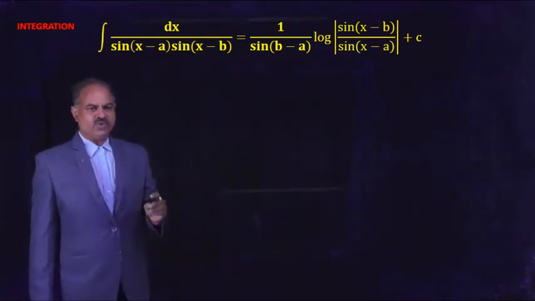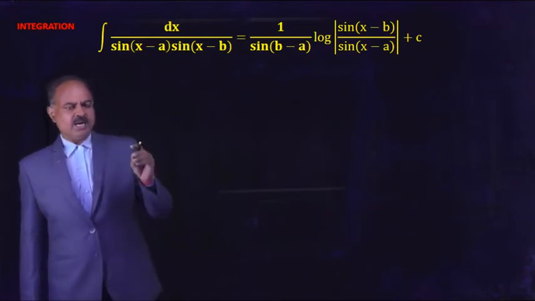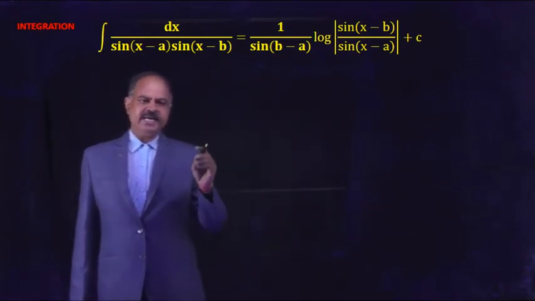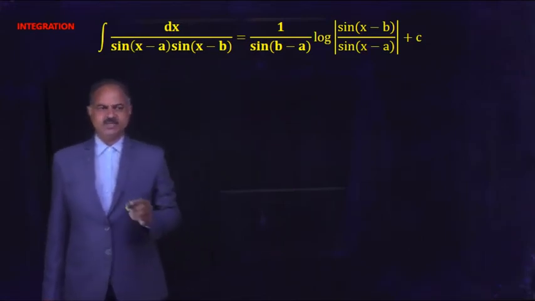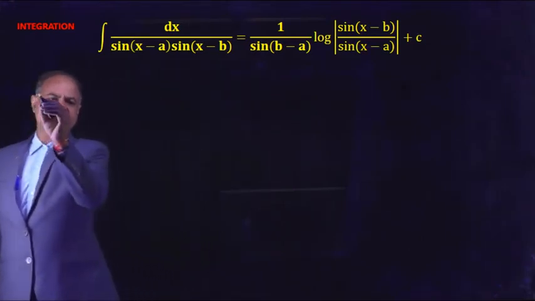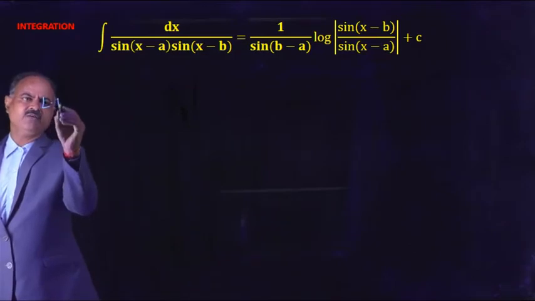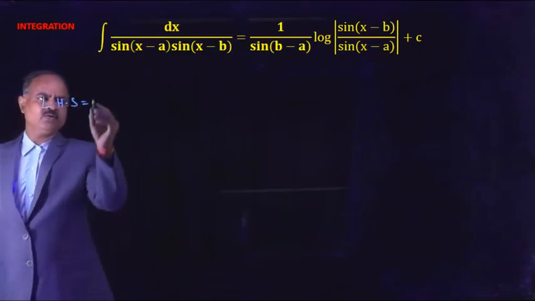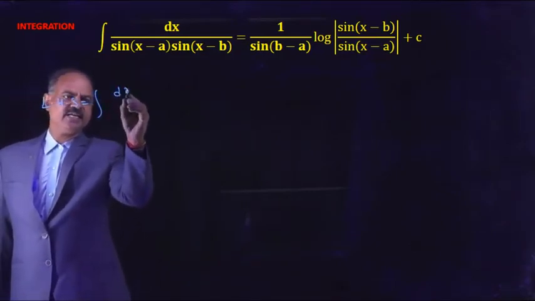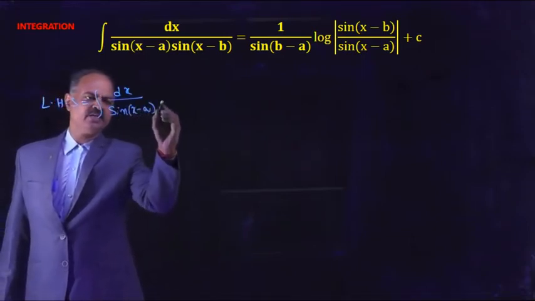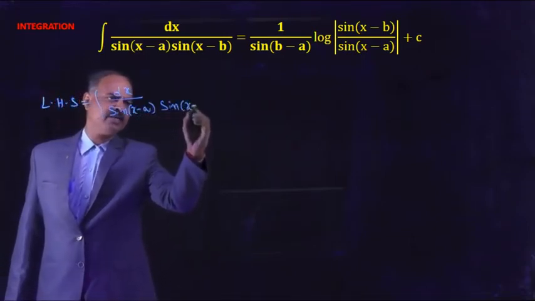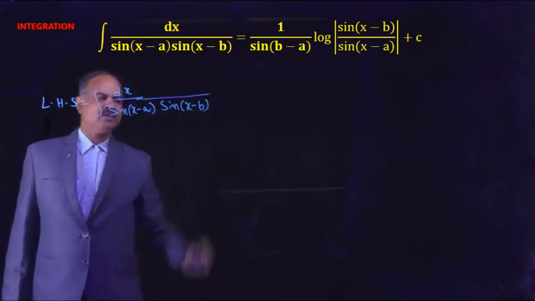We prove this formula: multiply both the numerator and denominator by sin of (b minus a). So first take the left hand side, that equals integral dx by sin of (x minus a) into sin of (x minus b).